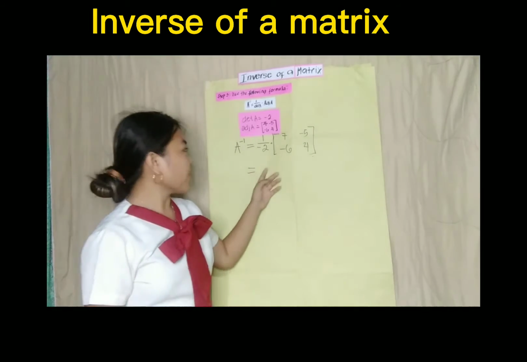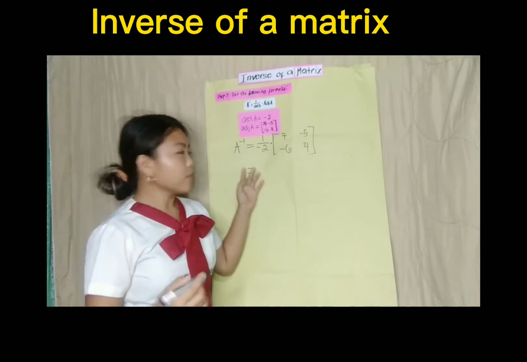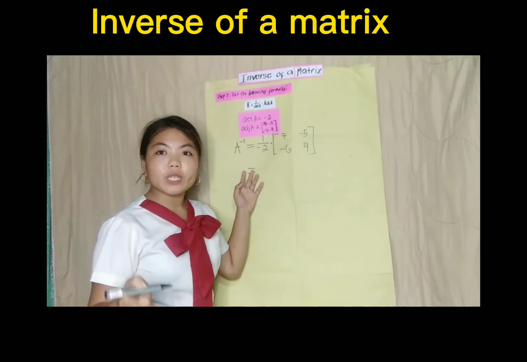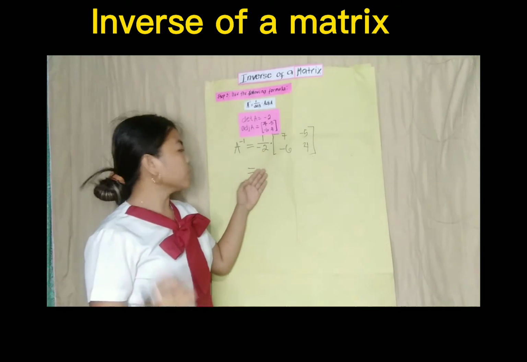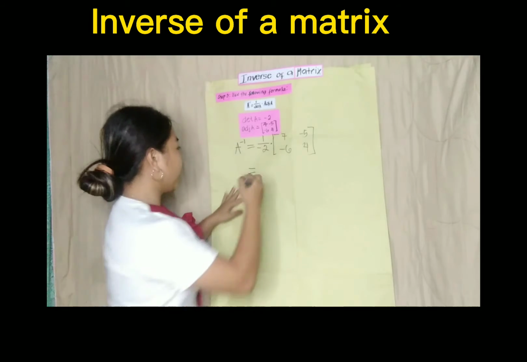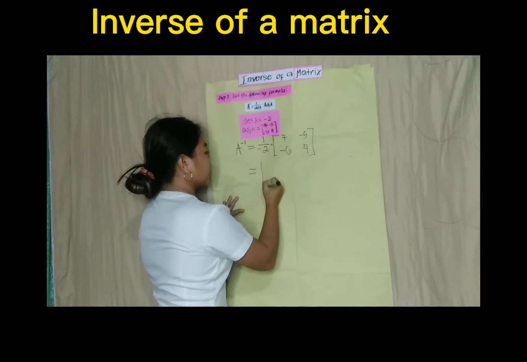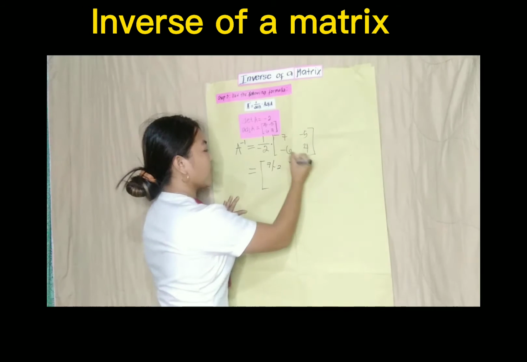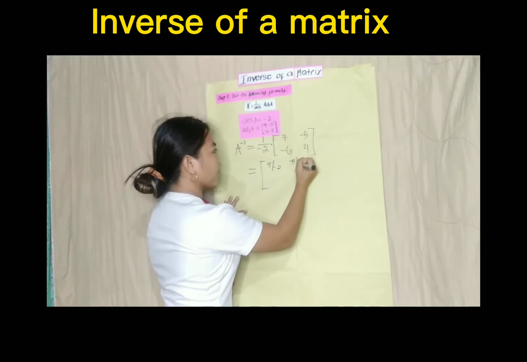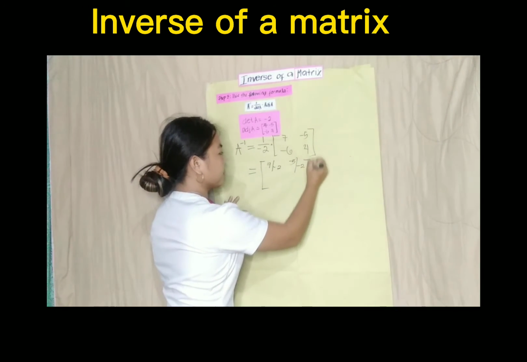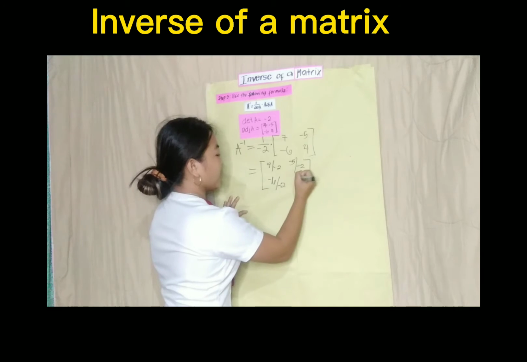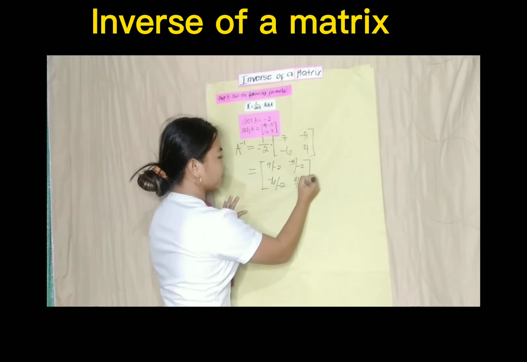Now, since this fraction is multiplying the matrix, the fraction gets multiplied into each entry. So we multiply, and this is going to be 7 over negative 2, negative 5 over negative 2, negative 6 over negative 2, and 4 over negative 2.